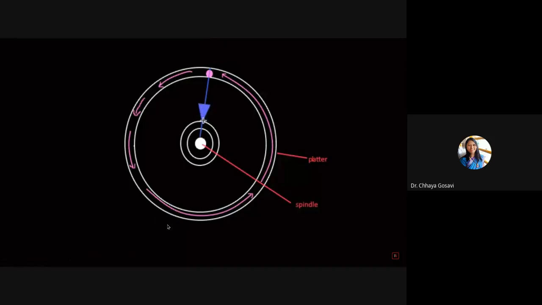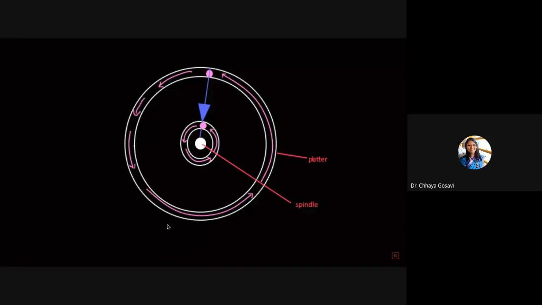Now let the head be here in the inner track and consider a point along the same line on this inner track under the head. While the platter completes one rotation about the spindle, this point will also complete one revolution around the spindle and reach the same point under the head. Consider the time taken for this. The time taken for this point to complete one revolution around the spindle and reach the same point under the head is the same as the time taken by this point to complete its revolution and reach the same point here.